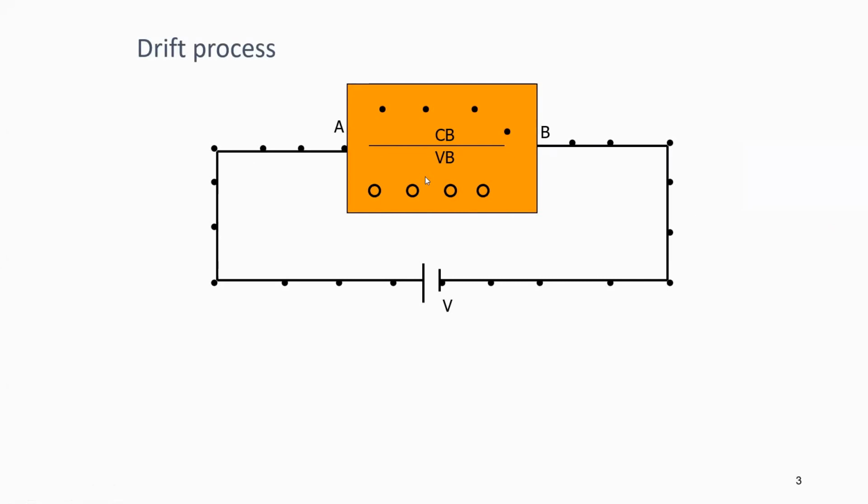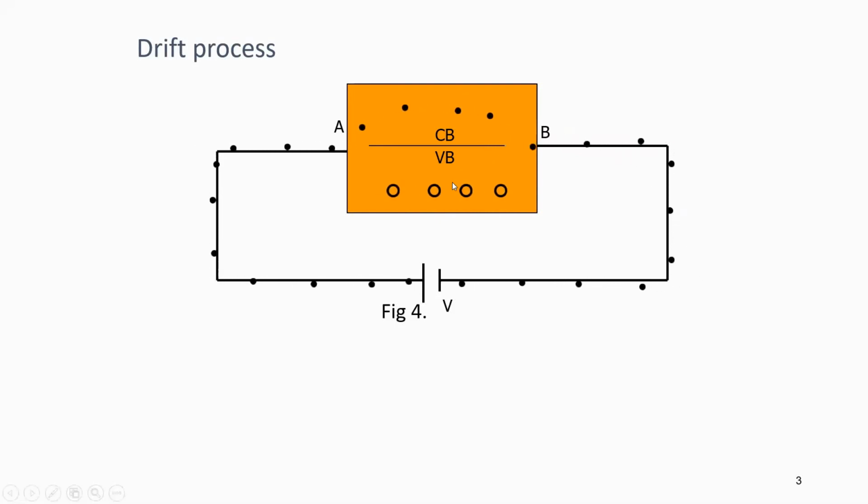What you observe is that your battery is providing the electrons. So electrons are moving in the semiconductor like this.